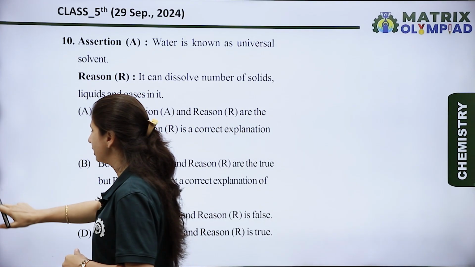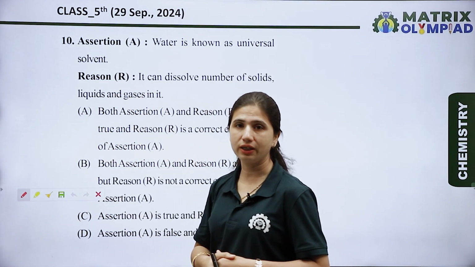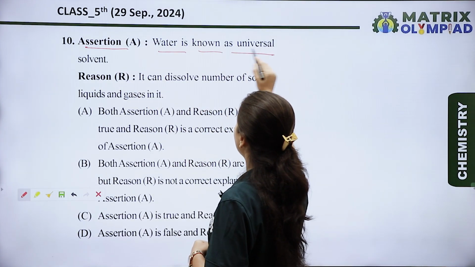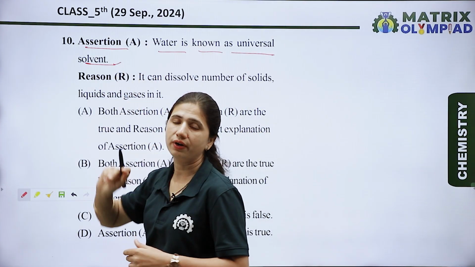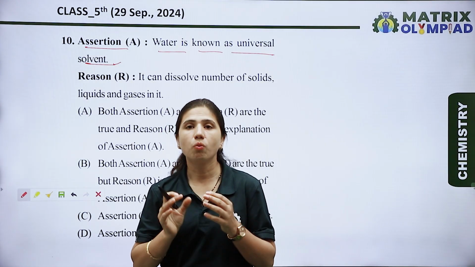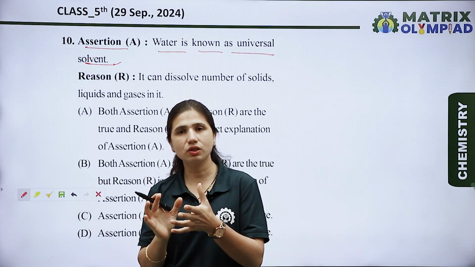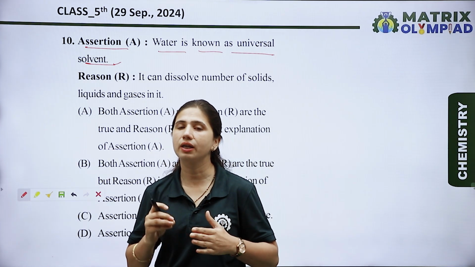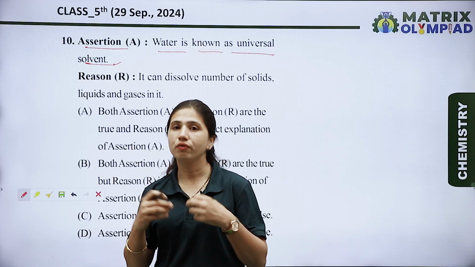Now let's see the next question. The next question is an assertion-reason type question. The assertion statement is, water is known as a universal solvent. Yes, water is a universal solvent because it can dissolve substances like solids, liquids and different gases within it.